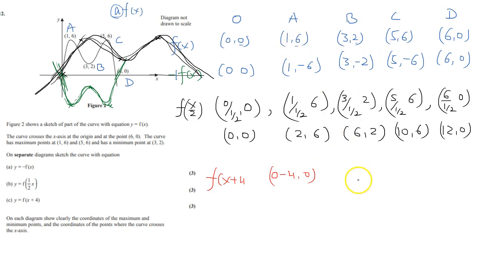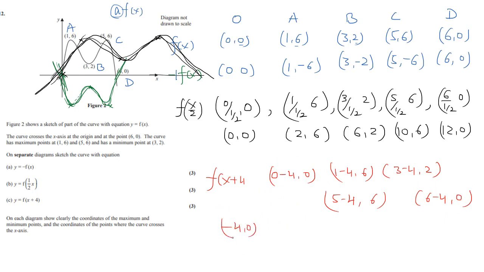Y coordinate will remain same. 1 minus 4 and 6. 3 minus 4 and 2. 5 minus 4 and 6. And 6 minus 4 and 0. So 0 minus 4 is minus 4, 0. Minus 3 and 6. 3 minus 4 is minus 1 and 2. 1 and 6. And this is 2 and 0. So that is how you are going to make your graph.